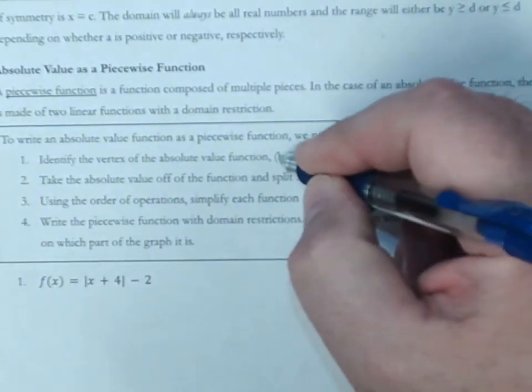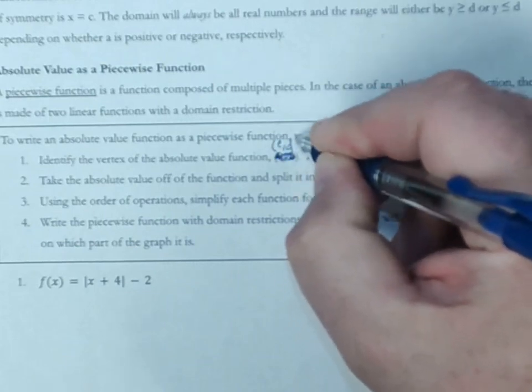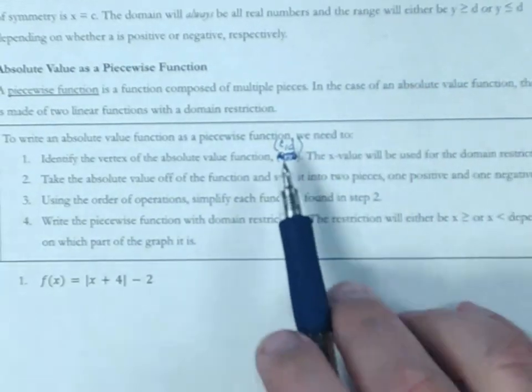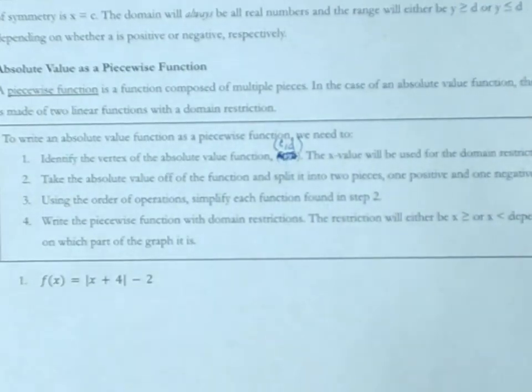So let's change this from h, k to C, D. It amounts to the same thing. And we will use the x value, or the C value, to restrict the domain. What we will do is use either x is greater than or equal to that x value, or x is less than that x value. And that's just the restriction part.